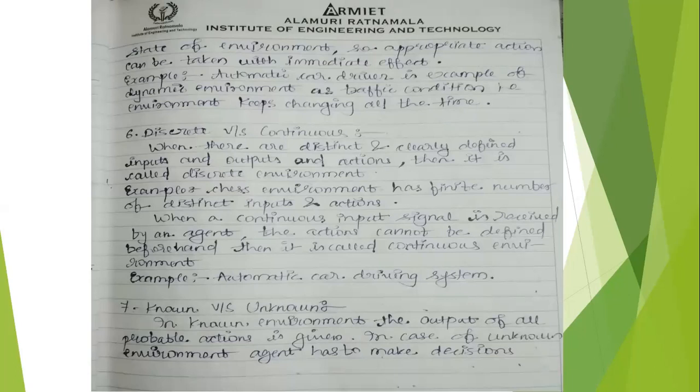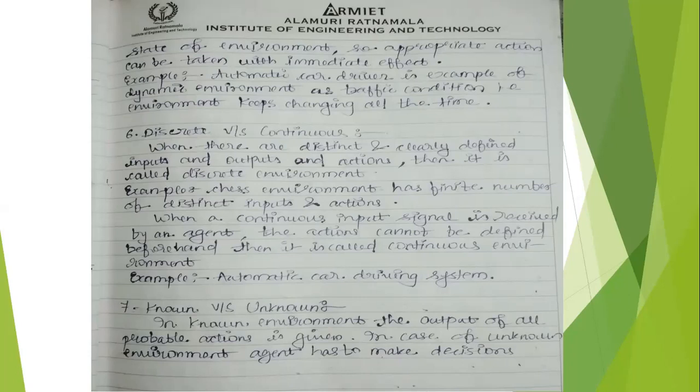For example, an automatic car driver is an example of a dynamic environment, as traffic conditions keep changing all the time. When the car is driving on the road, the other cars and traffic conditions are changing accordingly. The environment outside the car is not controlled by the agent. Okay, so it is the dynamic environment.